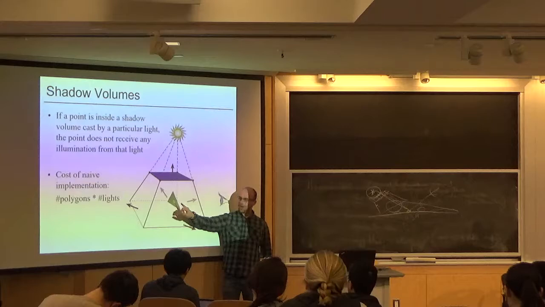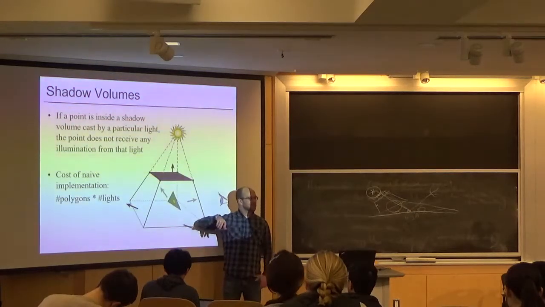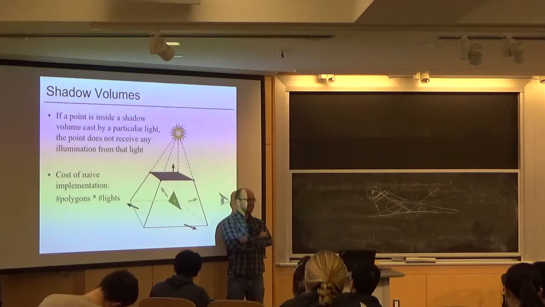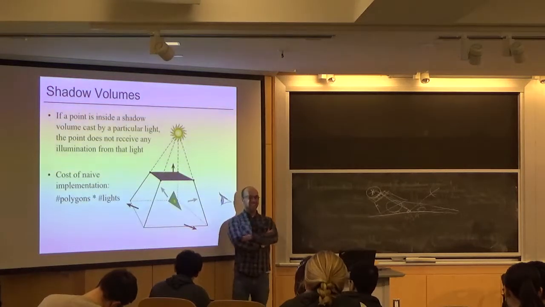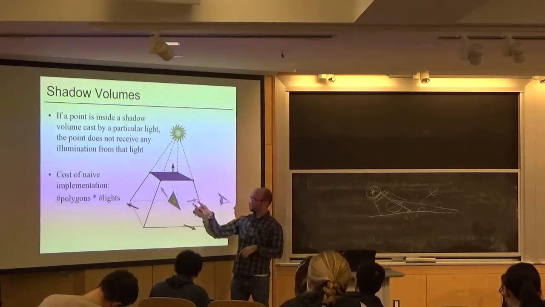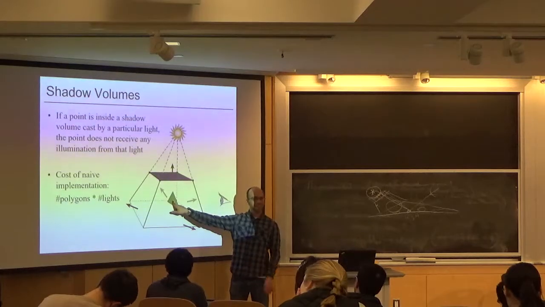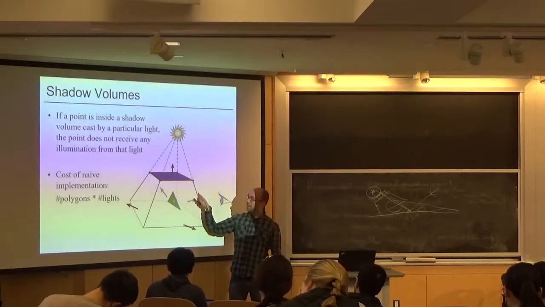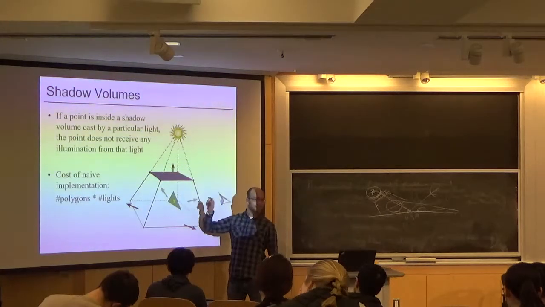Can you tell me, if I count that number, when am I shadowed and when am I not? Exactly. If the number of times that a ray from my eyeball to this object hits the shadow volume is odd, then I should render this thing in shadow, and if it's even, I shouldn't.